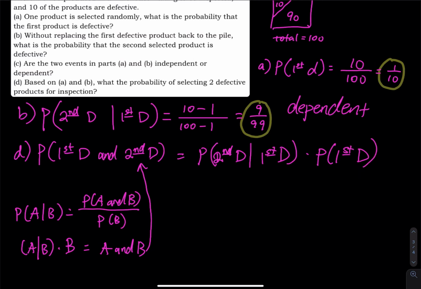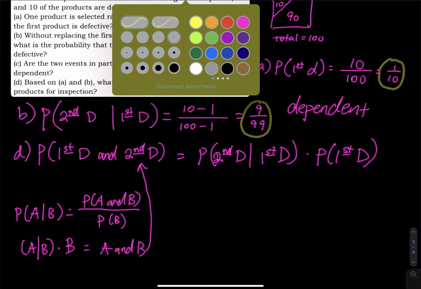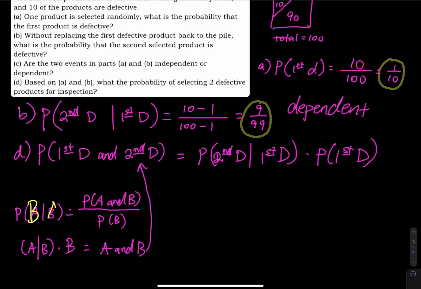If you want to make that change, I can change this one to B and A. So that is B and A divided by A. So you multiply by A on both sides. So that will be B given A times A equals B and A. Because the first and the second, you can simply put that as second and first.